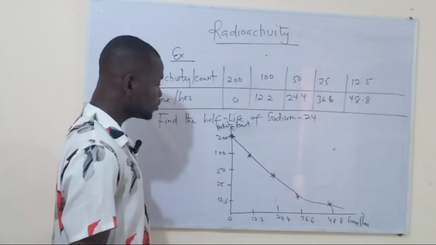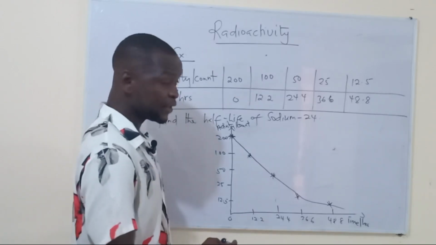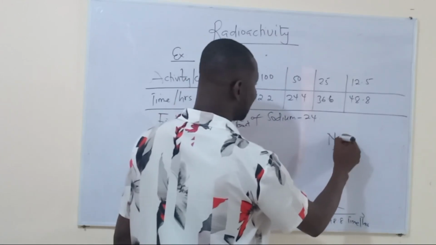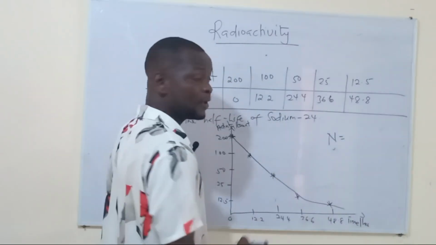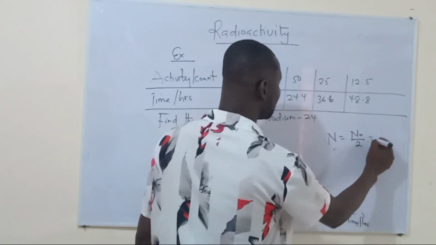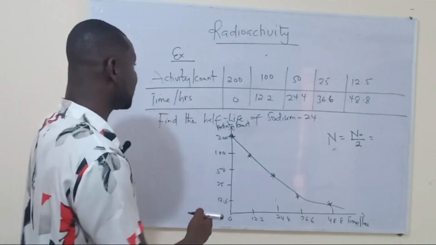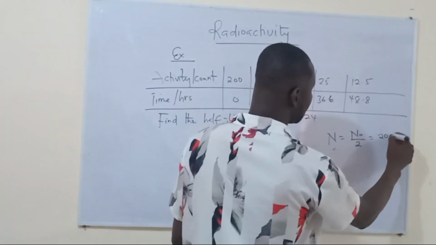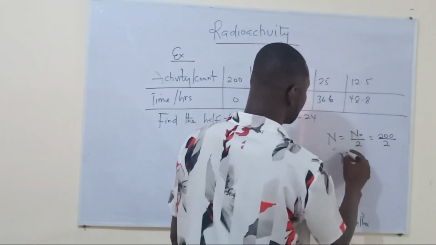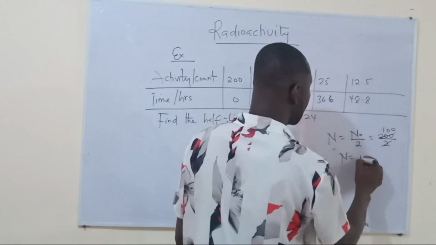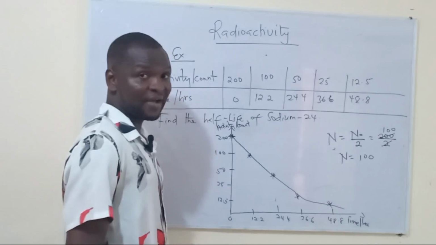After joining these points, now we have to calculate for our final amount using the formula final amount is equal to our initial amount over 2. So here for my initial amount, I'm going to use the highest count, which is 200. I divide by 2. So I have N to be equal to 100. That becomes my final amount.